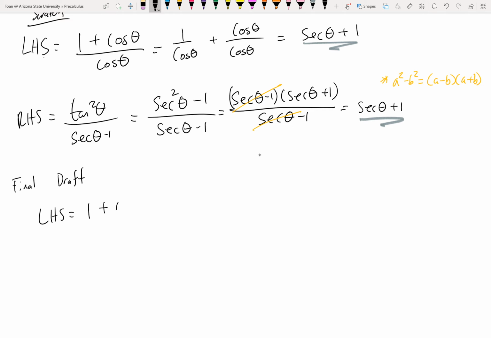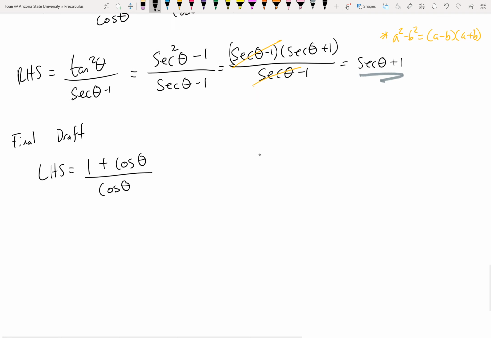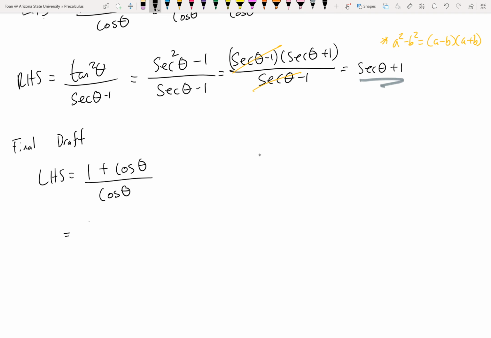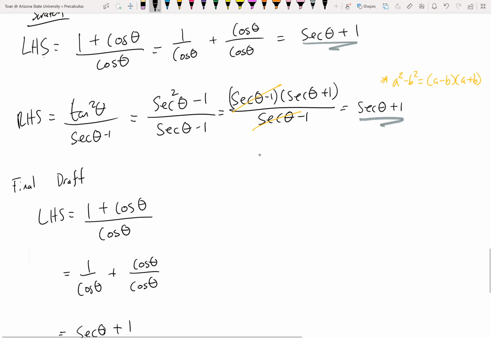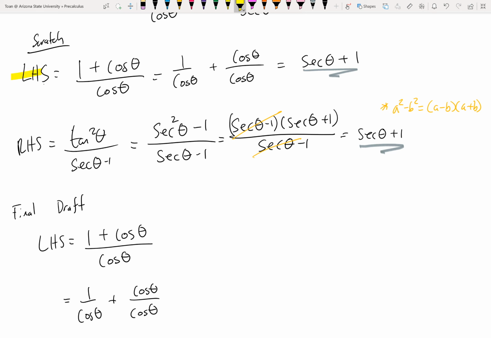So it's 1 plus cosine theta over cosine theta equals, we split apart the fraction. We simplified this to secant theta plus 1. So we've gone this direction. Now all you've got to do is connect the dots and go in that direction.